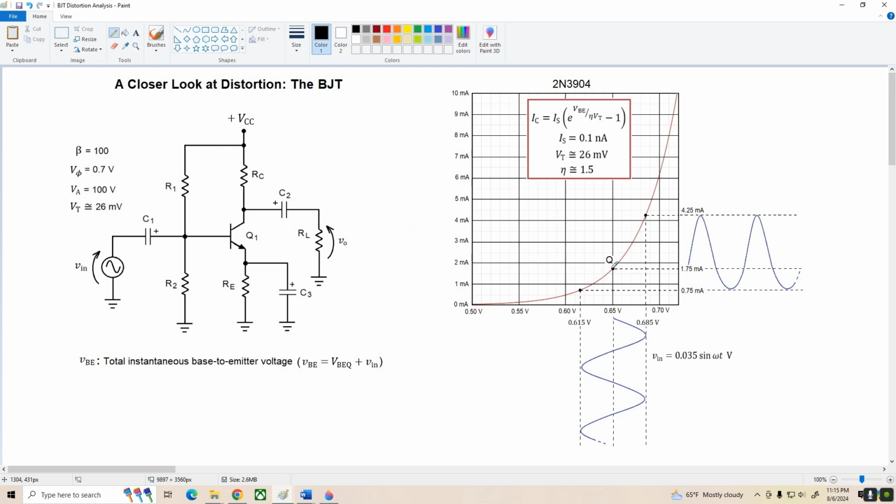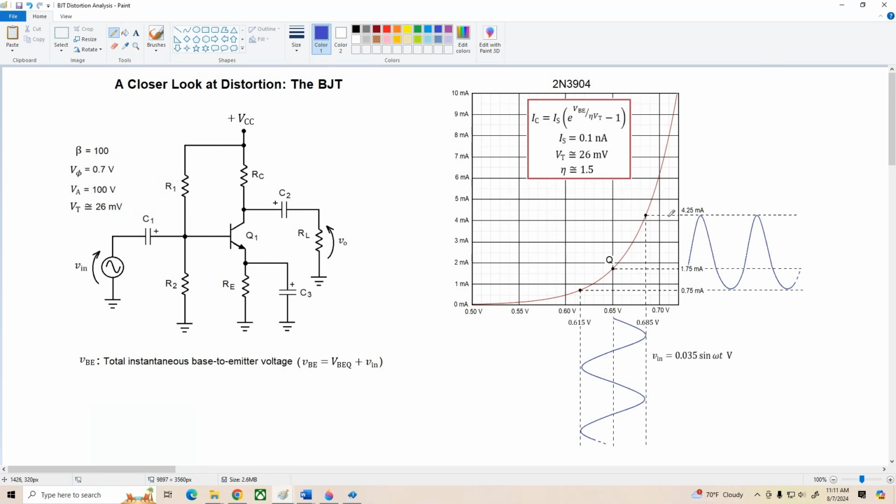That causes our collector current to increase to 4.25 milliamps. And on the negative going excursions of Vin, VBE reaches 0.615 volts. That results in a collector current of about 0.75 milliamps. And we get the typical stretching and squashing that we associate with these nonlinear transconductance curves.